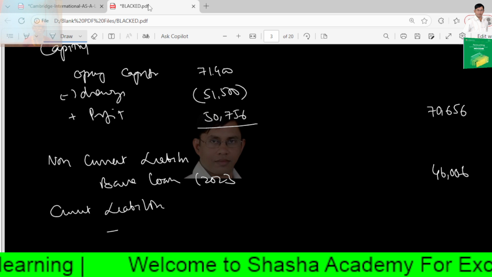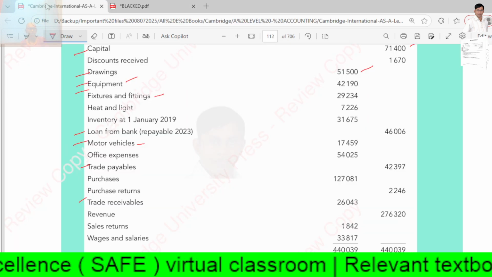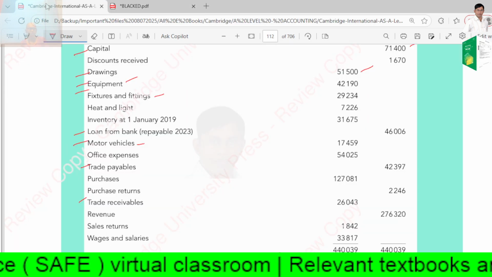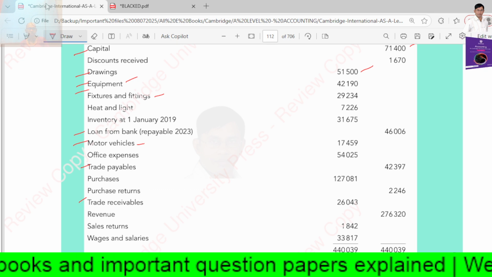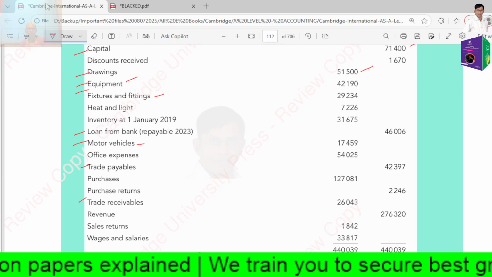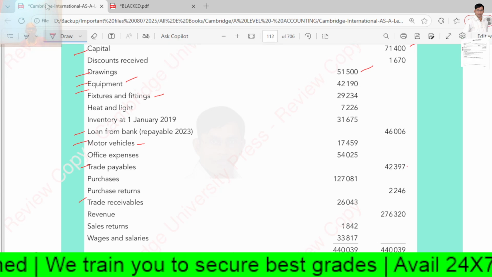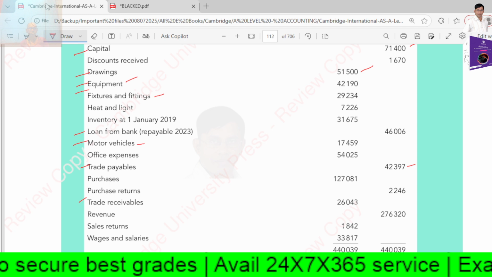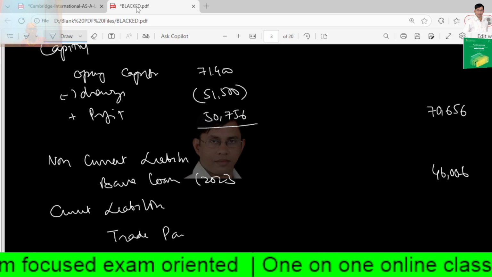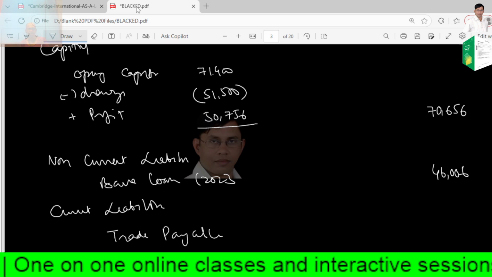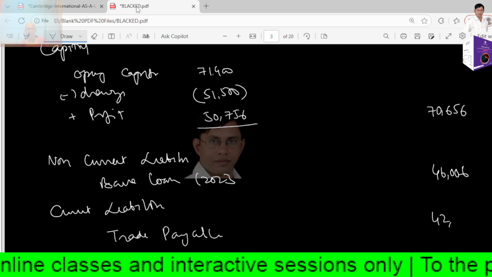What all is included in current liabilities? Trade payables, 42,397.